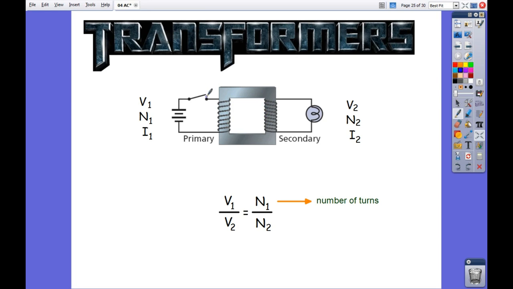So if we connect this switch, or we close the switch, there will be current flowing through the primary coil.